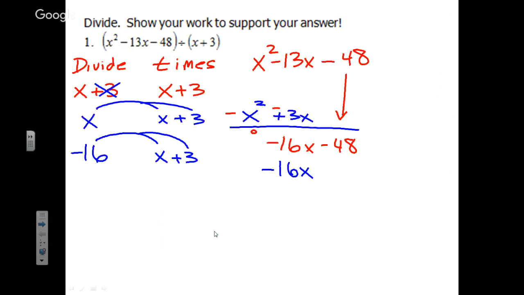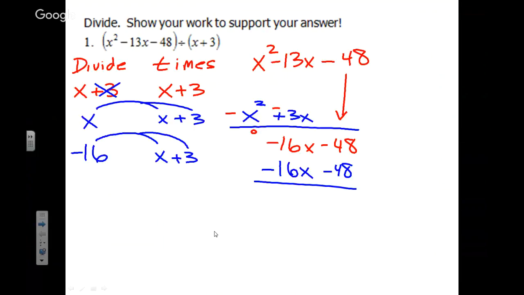Someone with a calculator? Negative 48. Okay. And then remember that we're doing this to see what we're going to pull out. So I need to do what? I'm subtracting. And really, the way I like to think about subtracting is basically change the signs.